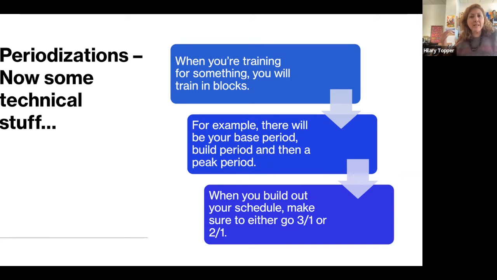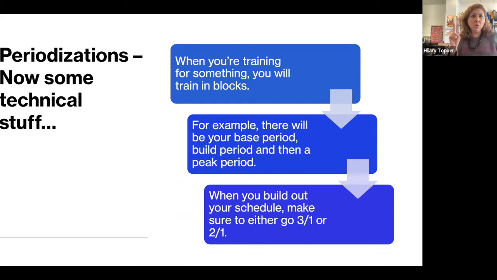Now, the other thing to think about when you're planning out your schedule is you have to think about how you're going to do this. You need to have at least 3-to-1 or 2-to-1. I prefer 2-to-1 because I'm getting older. So it's 2 weeks on, 1 week recovery, 2 weeks on, 1 week recovery.